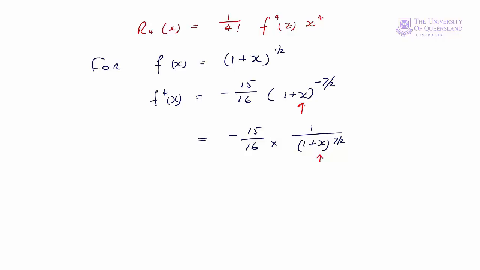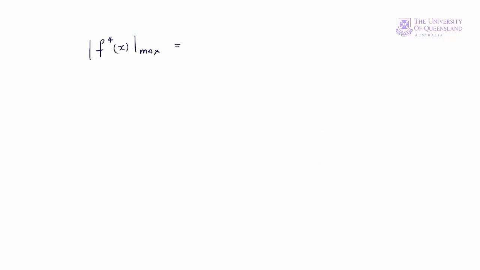I think we can see that the fourth derivative has maximum value when x equals 0, since it gets smaller and smaller as x increases. The maximum value of the fourth derivative then is equal to the absolute value of minus 15 on 16 times (1 plus 0) to the minus 7 on 2. That's equal to 15 on 16. That's equal to m.